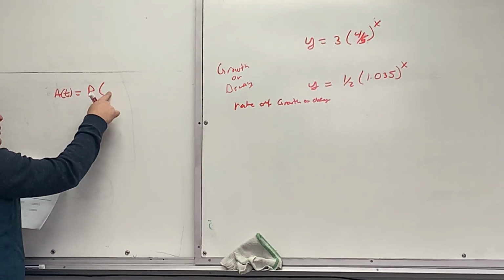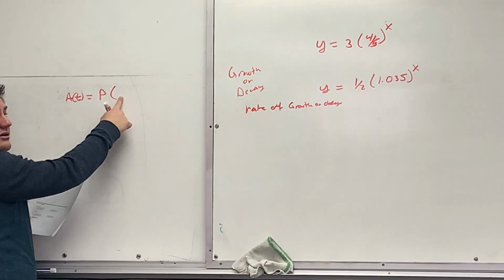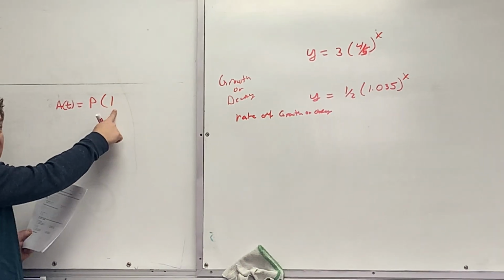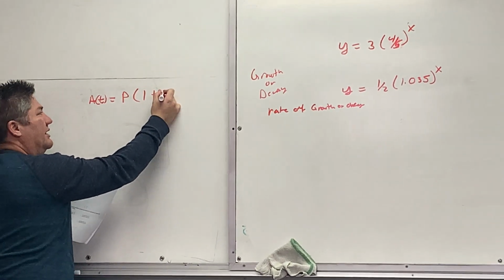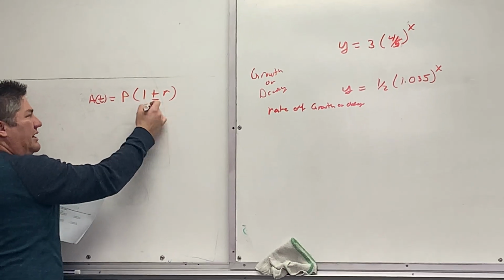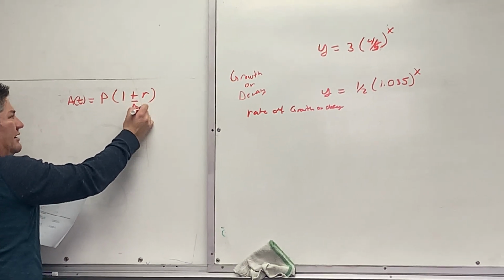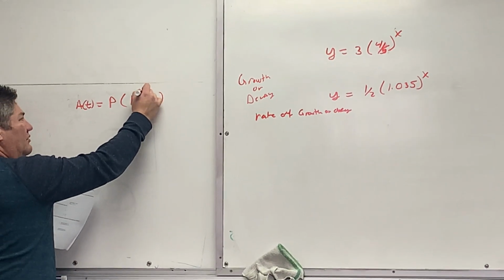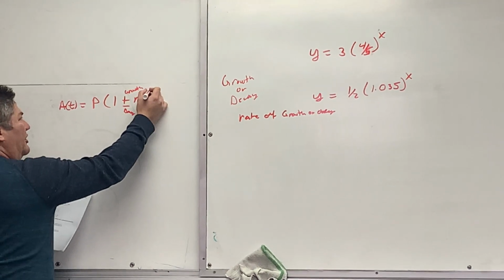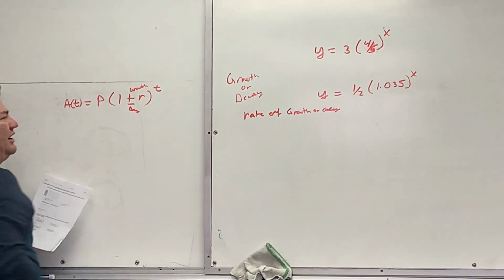Rate. Oh, it's got something before the rate though. You guys remember? It's 1. Very good, because you got to have 100% plus the rate as a decimal, or minus if it's what? Decay. So minus is decay, plus is growth. This should already be in your notes, but make sure it is. And then we're going to have it raised to some amount of time t.